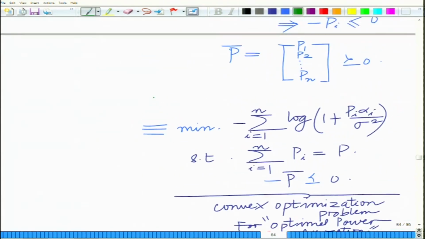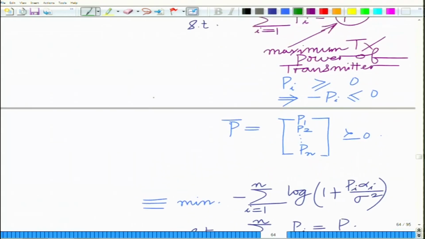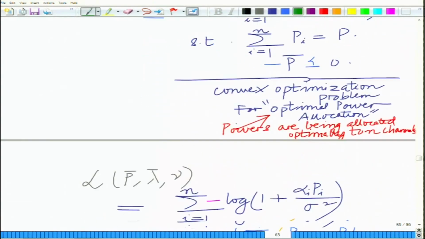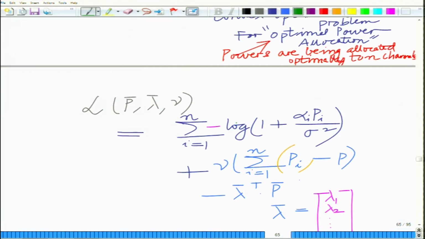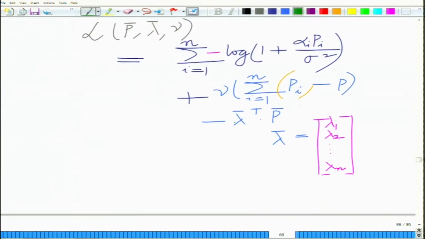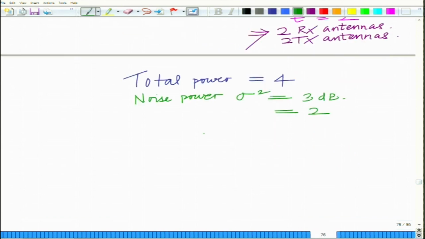So, we have log of 1 plus P alpha i divided by sigma square. Actually, let us start with a brief description of the MIMO system. Let us consider first the MIMO channel.